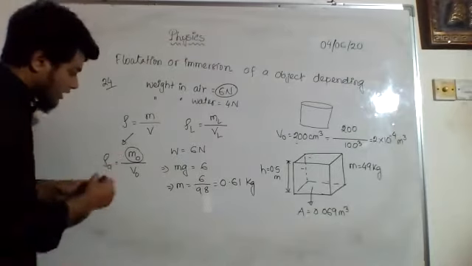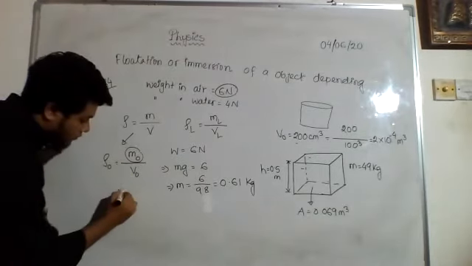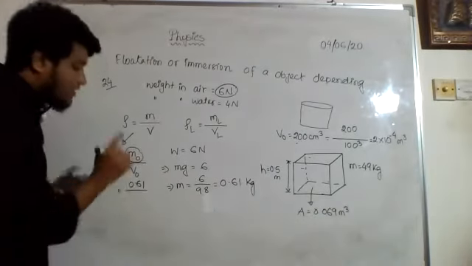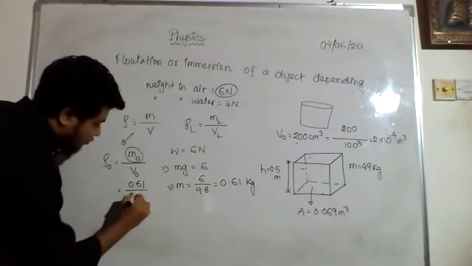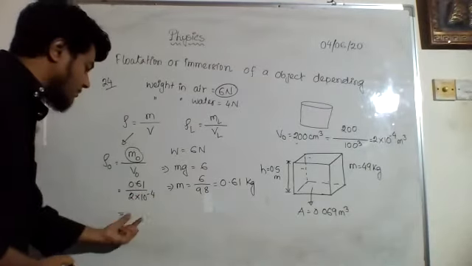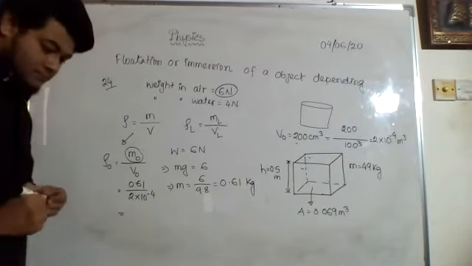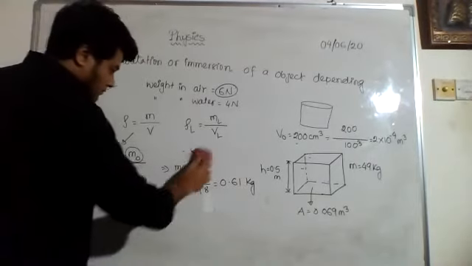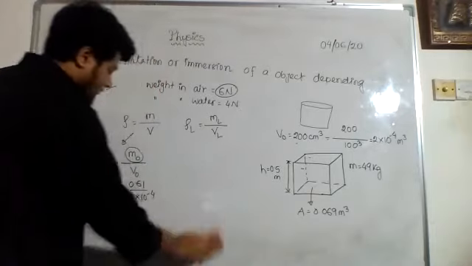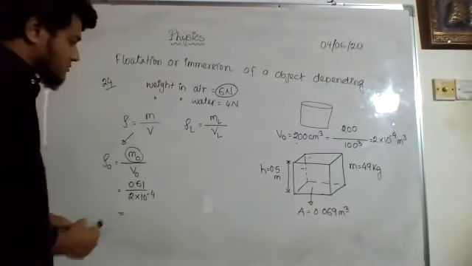So we know the mass, we know the volume, so we can replace the values. Mass is 0.61 divided by the volume. Volume is 2 into 10 to the power minus 4. So can you calculate and tell me the density? Please calculate the density and let me know the value. Fast, please.